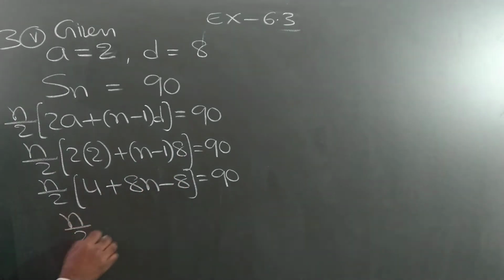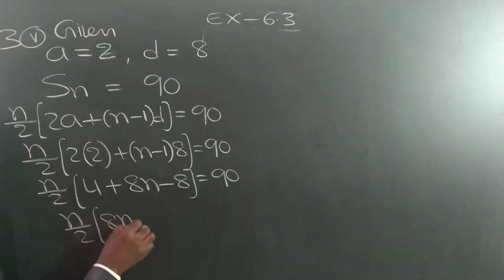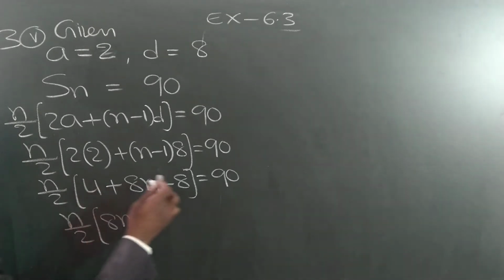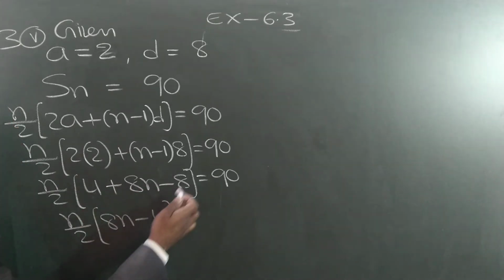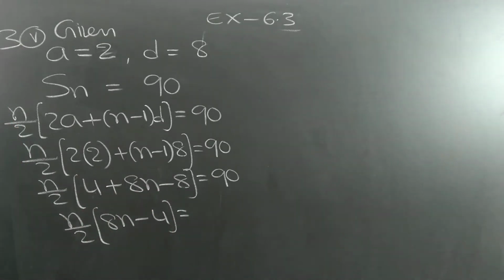N by 2, 8n, 4 minus 8 is minus 4. Now you can take 4 common.